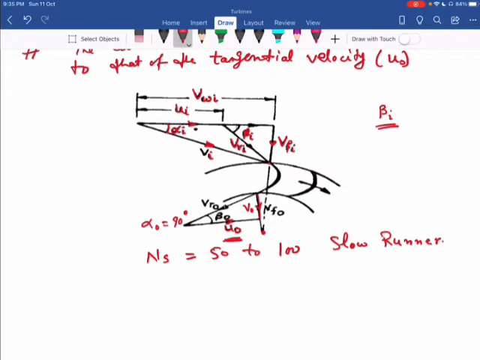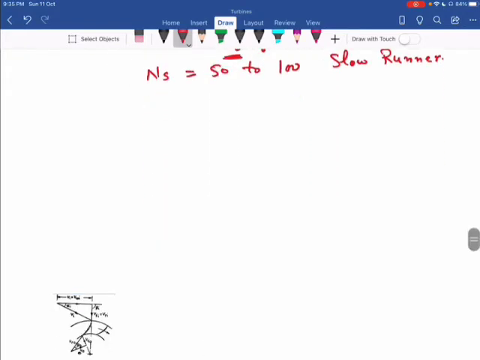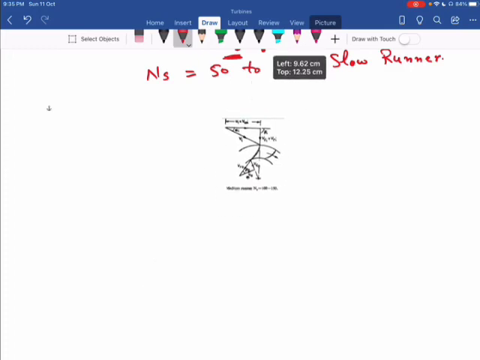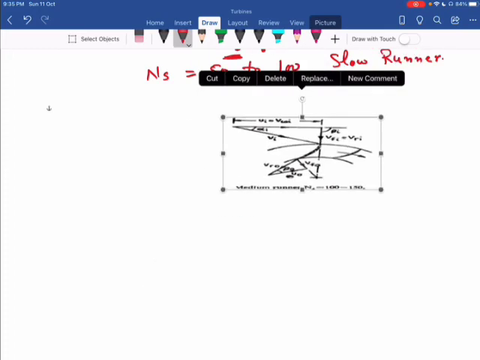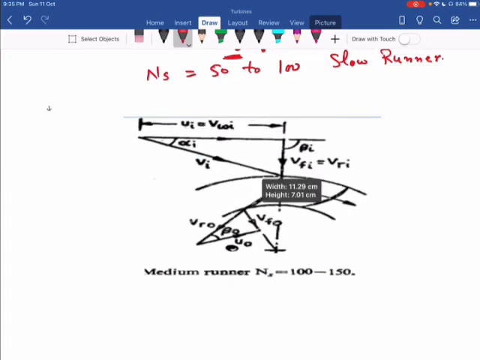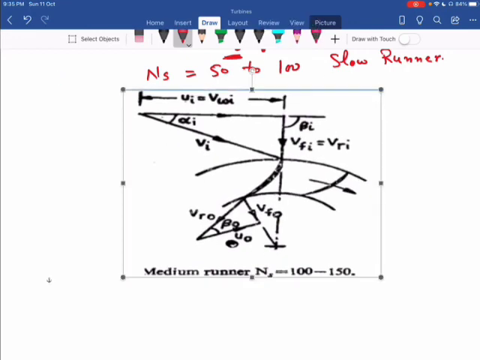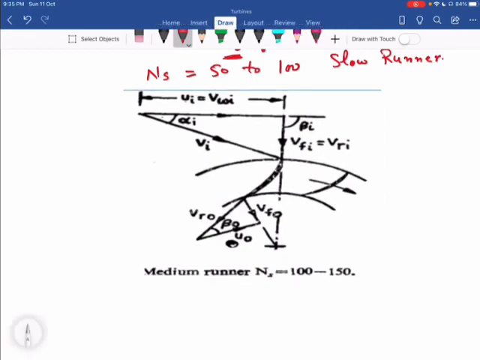Now the second velocity triangle, for a medium speed runner. For this the range of specific speed is 100 to 150. So NS is 100 to 150 and this is the medium speed runner.